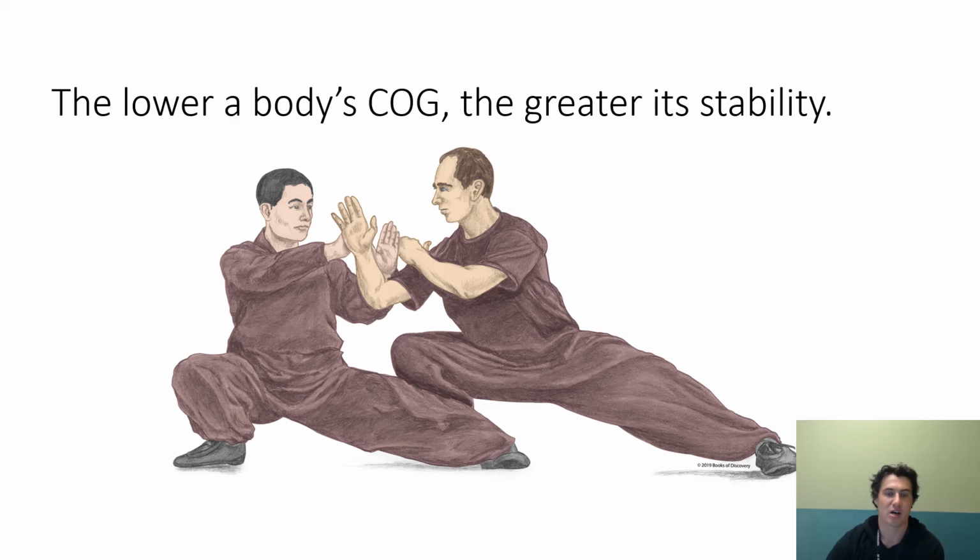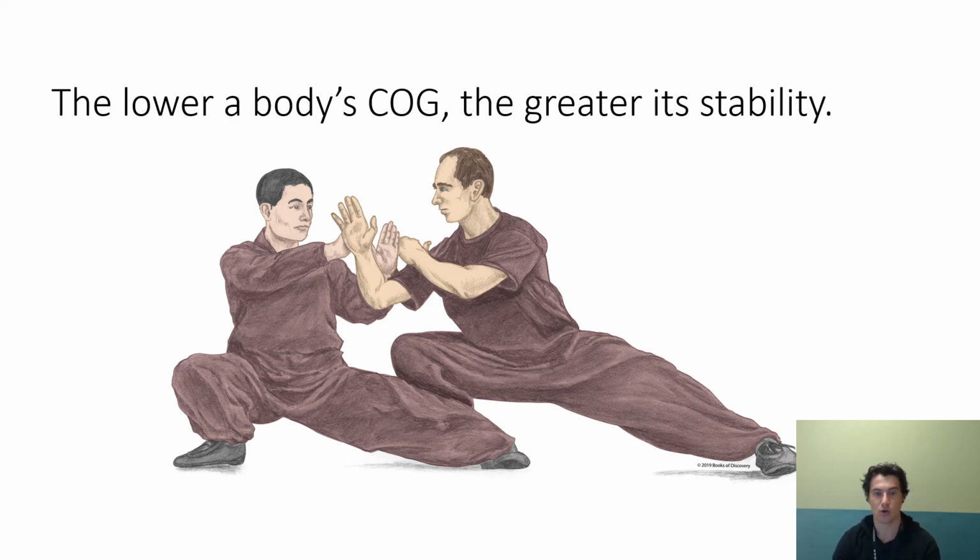So we're now going to apply those three concepts to some human movement ideas or rules. The lower a body's center of gravity, the greater its stability. So the lower you are, the lower your center of gravity is, the more stable you're going to be.